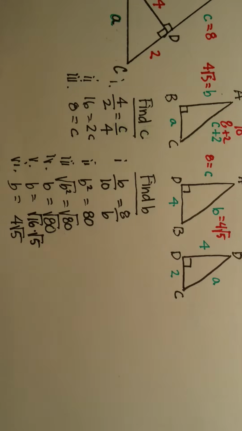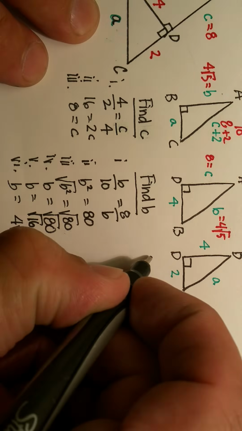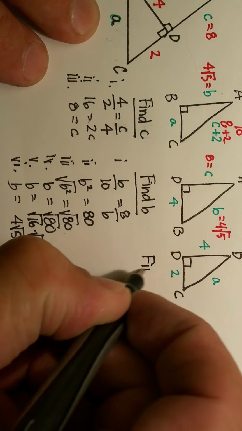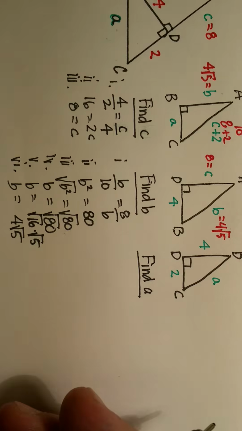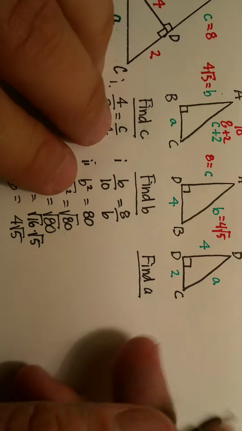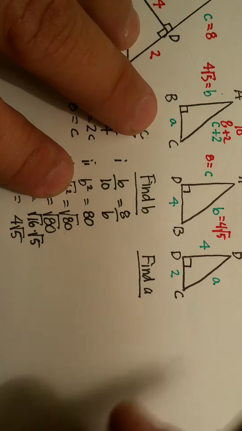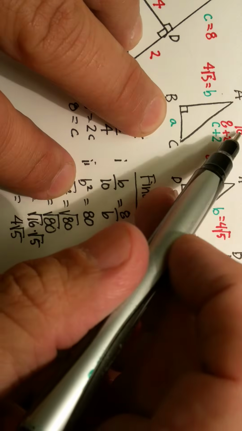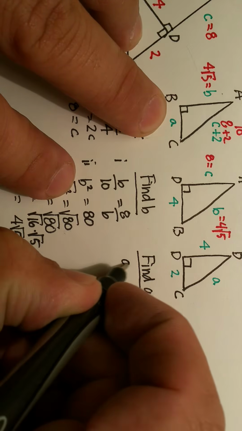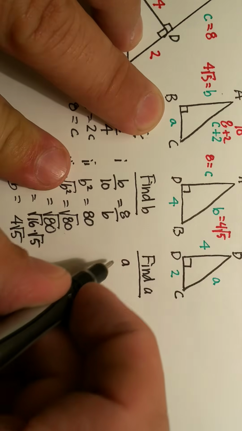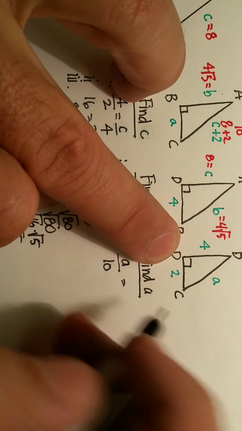Now it looks like the only letter I need to find still is A. Okay, so let's do that. To find A, again, I can just pretty much use any of these now. I can say A is to 10 as 2 is to A. So short leg is to hypotenuse as short leg is to hypotenuse.